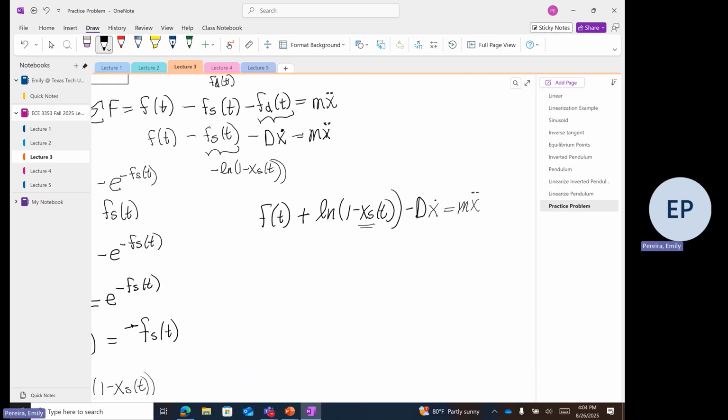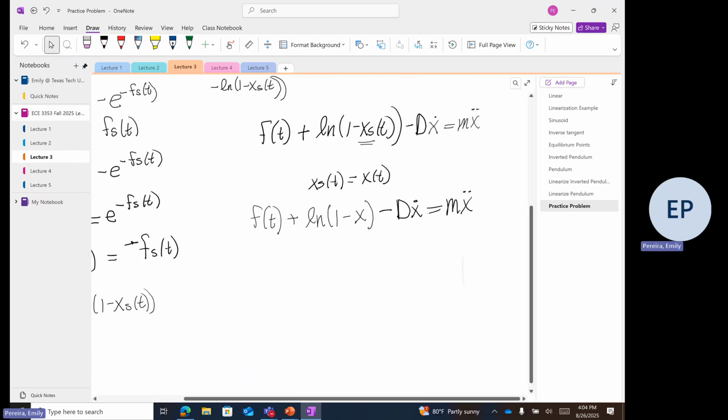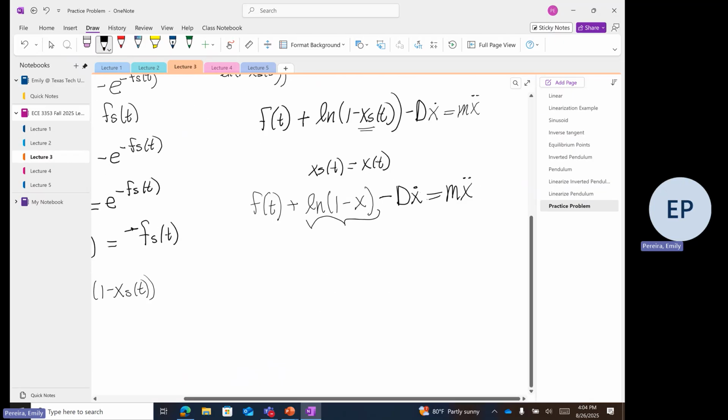Well, the position of the spring is coupled to the position of the mass, so really x of s_t is equal to x of t. Okay, so we can replace this, so we have the natural log of 1 minus x minus d times x dot is equal to m x double dot. All right, so now we are ready to linearize this guy.